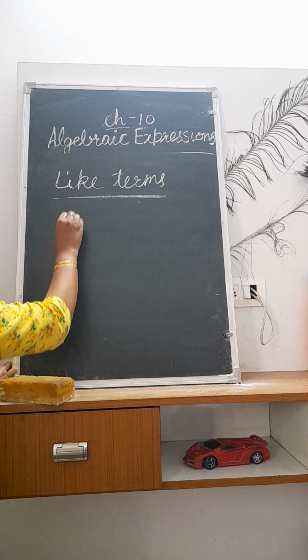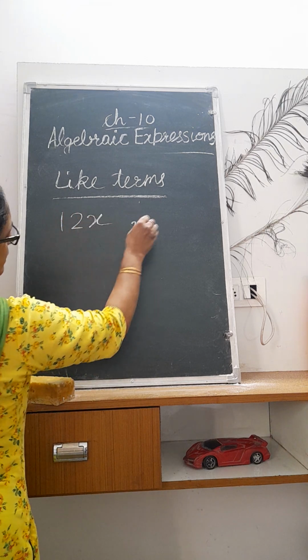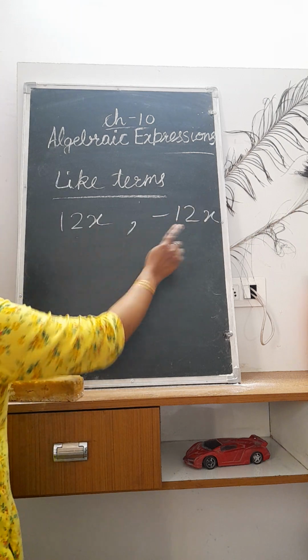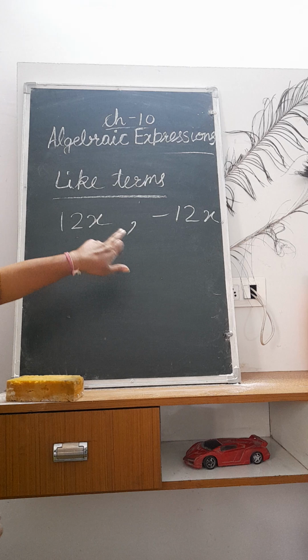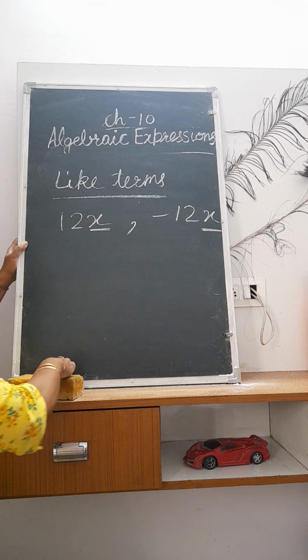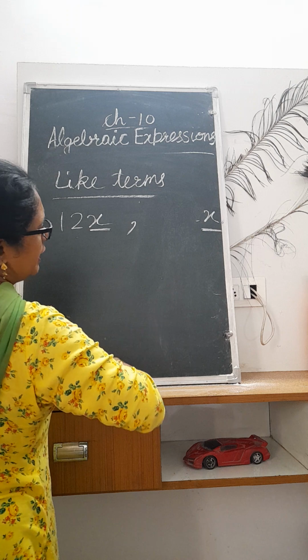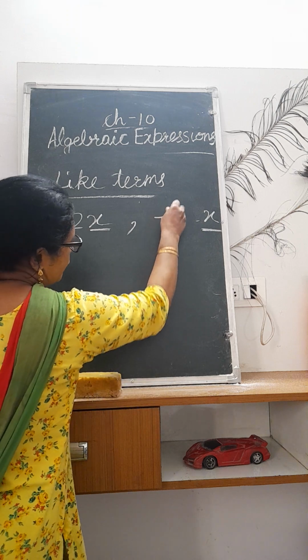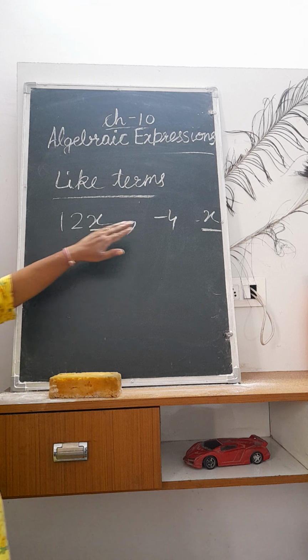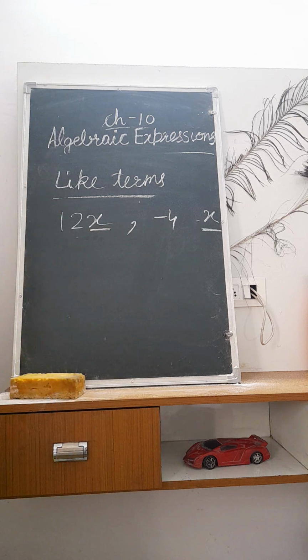Suppose I say 12x and minus 12x: these are two terms having the same variable x. Even though the constant may be anything, minus 12 or minus 4, these are still like terms. That means the variable should be the same.